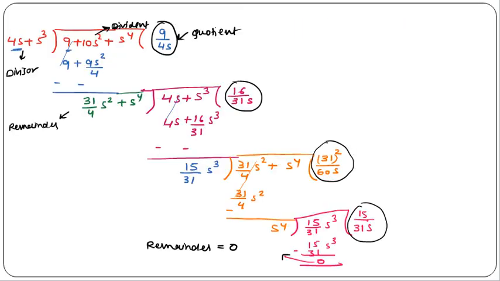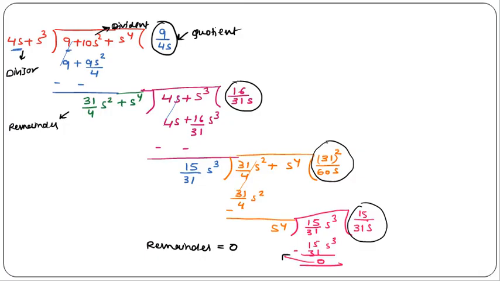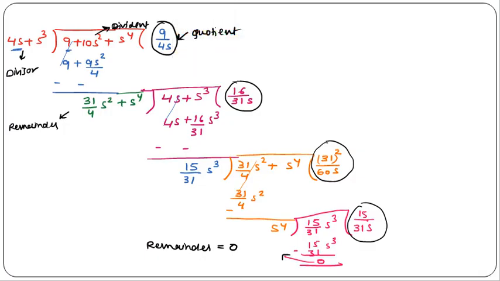So now let us see our division. We have divided and obtained these quotients, so we have solved for Y of s. Because we want the highest degree polynomial in the numerator, that is why we synthesized the Y of s function, and for that we performed the division. So we have solved for Y of s.